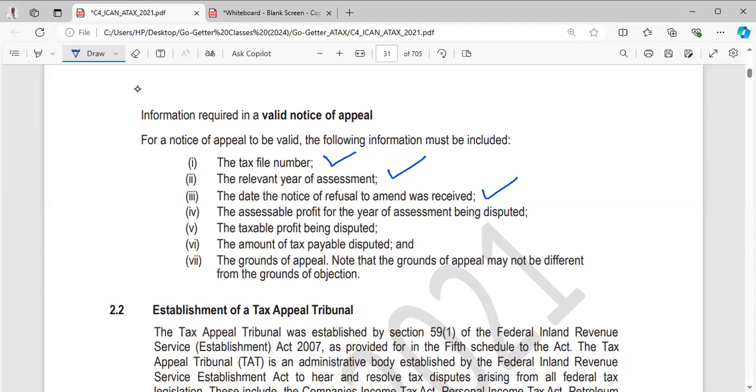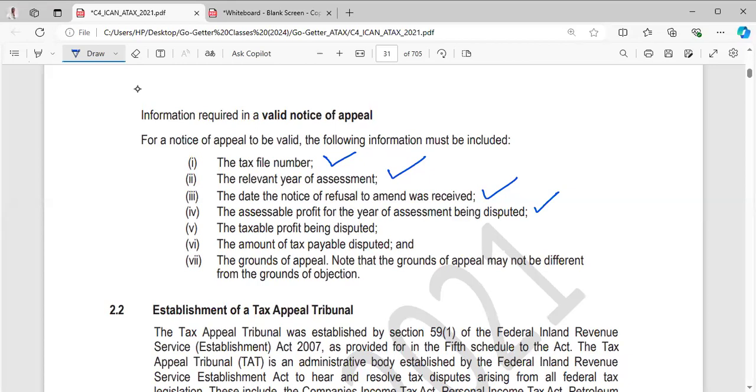Perhaps this company has a stamp where, when they receive a particular letter, they stamp it and it carries the date of receipt. Then there is the assessable profit for the year being disputed. So that year of assessment, what is the assessable profit for that year? You should carry it in your appeal notice.